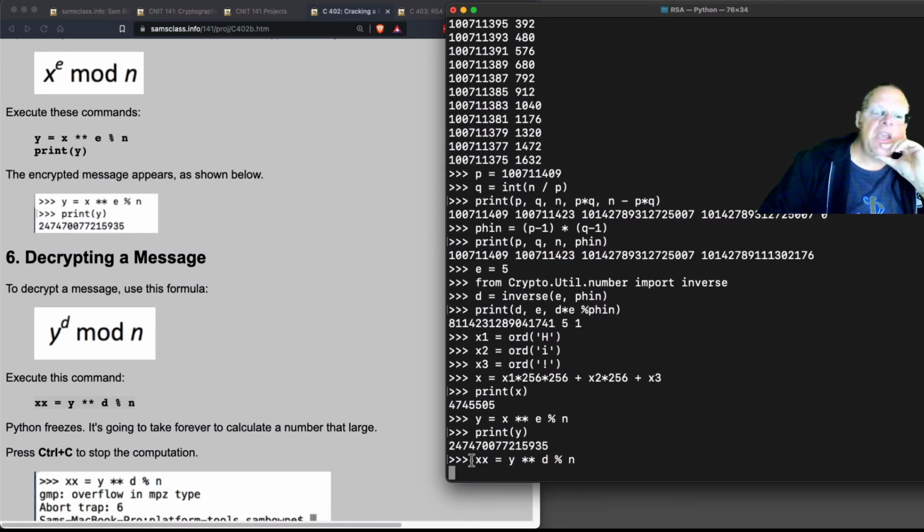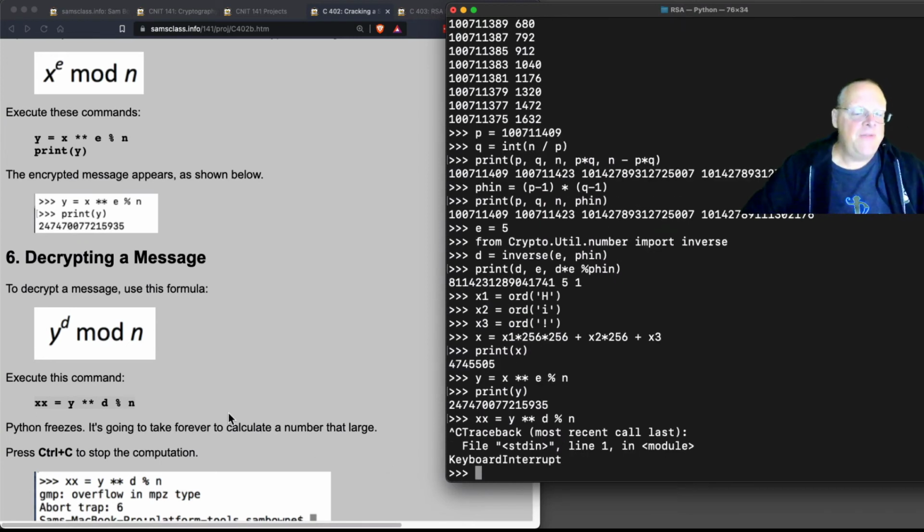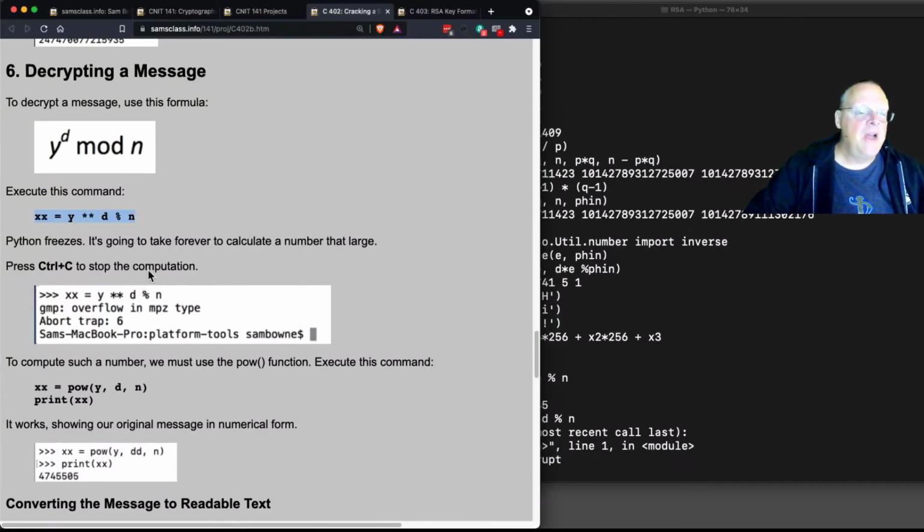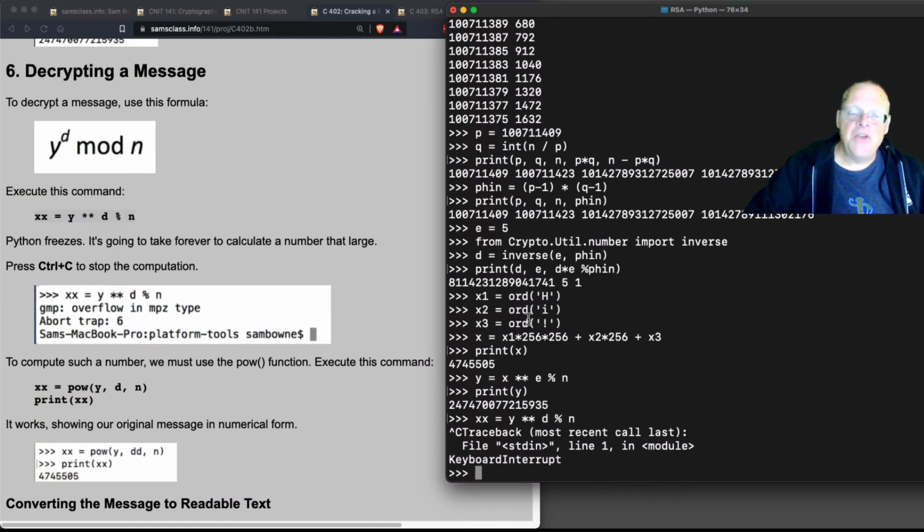And it's taking forever because I'm trying to take this number, which is some huge number, billions, to this number, which is like trillions, and that's going to take forever. So I have to cancel that and use a faster exponentiation routine. Now, if I really wanted to take this number to that number and get the full value, I would have to wait forever.